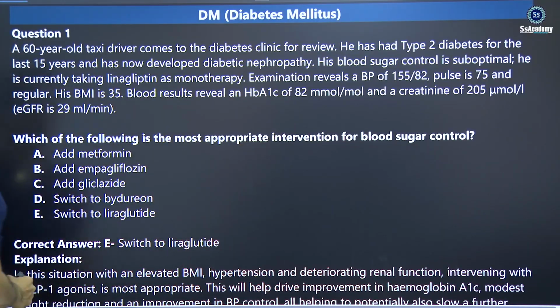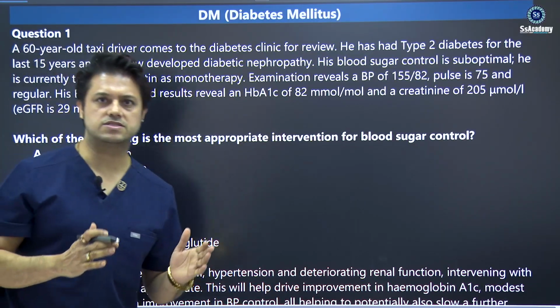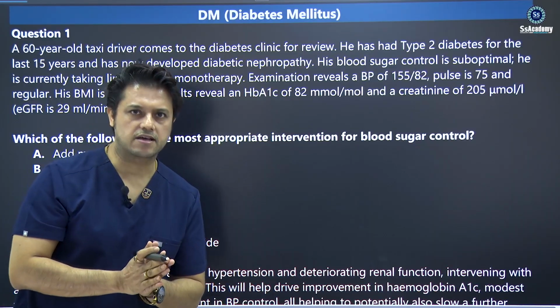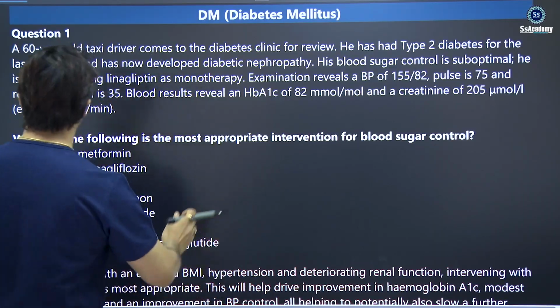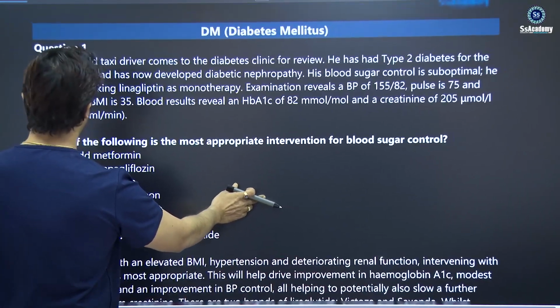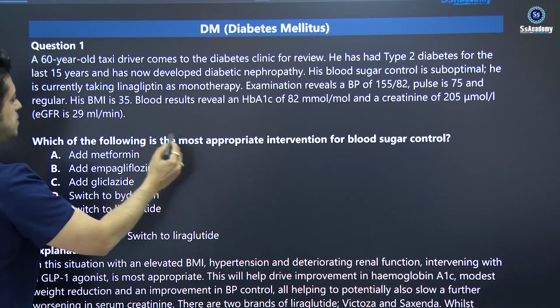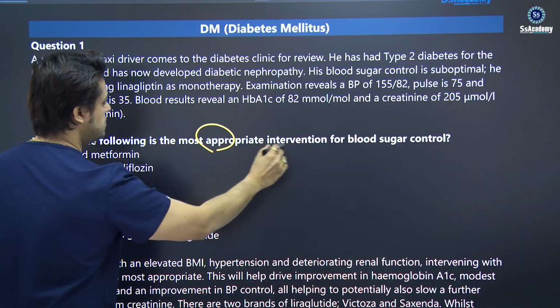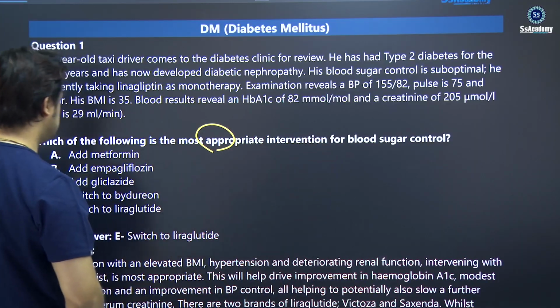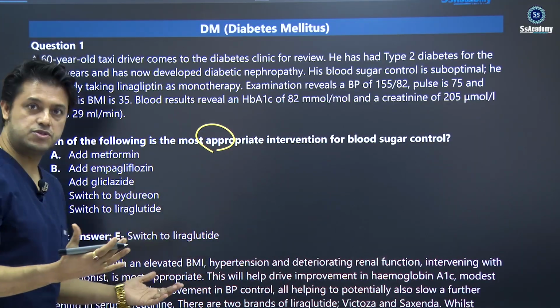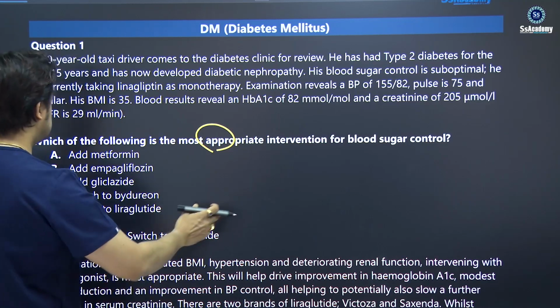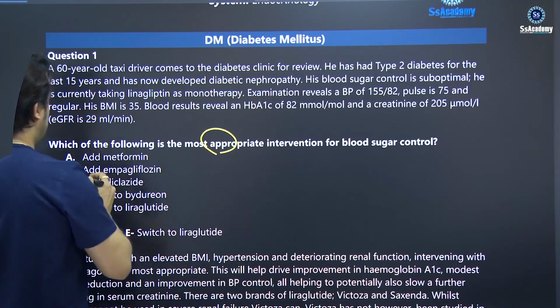If you say that according to the question approach, we always start the question reading from the main questions. So yes my dear, the main question, if I go through here, is which of the following is the most appropriate intervention for the blood sugar control? Here are the options.